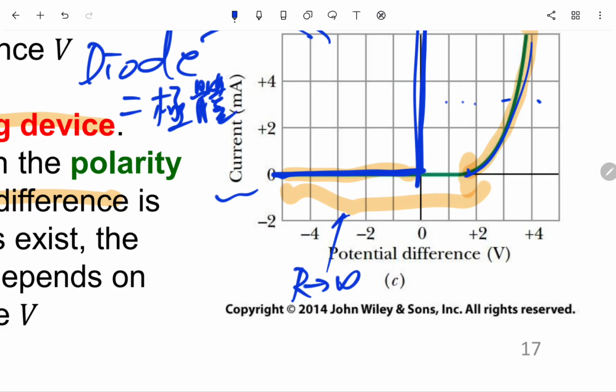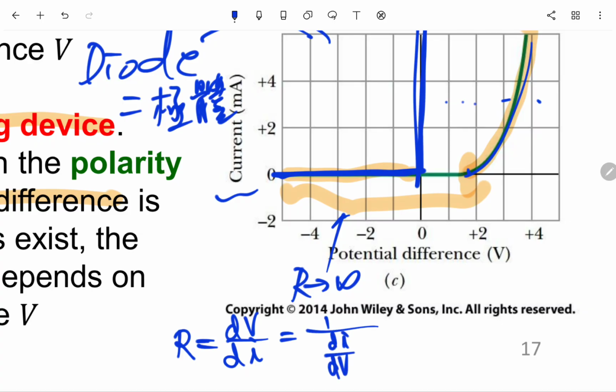Taking the reciprocal gives the resistance. The resistance will be like dV/dI if it is not a linear curve, so it could be 1 over dI/dV.